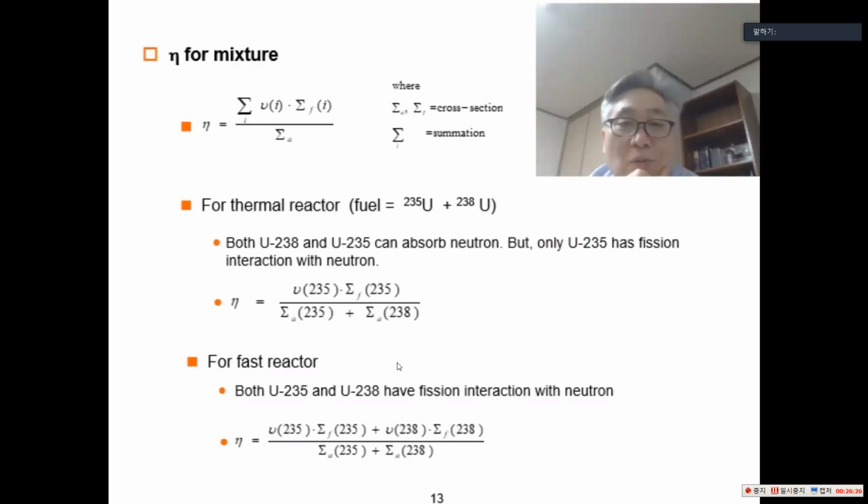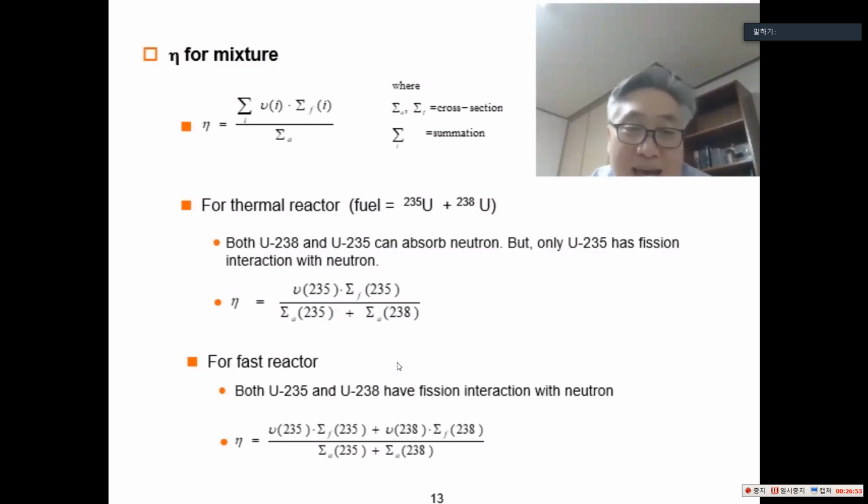So when we have a mixture, for example, uranium 235 and 238, 238 has an absorption cross section, but its fission cross section is quite small. So we just neglect the fission cross section of uranium 238 and only consider the capture cross section of 238.